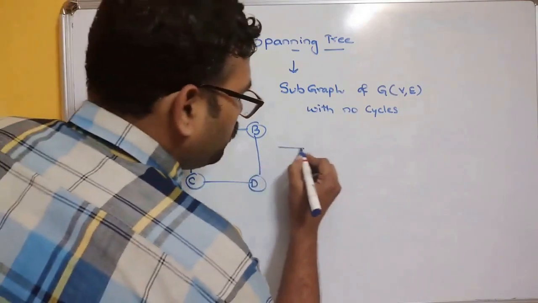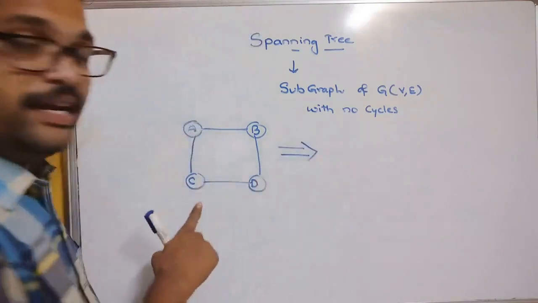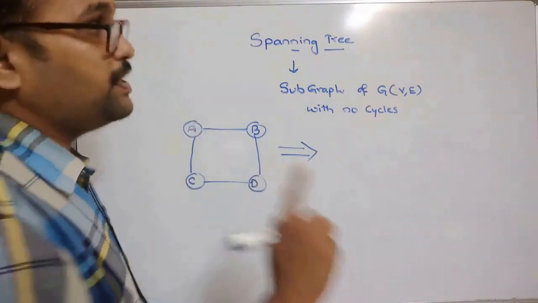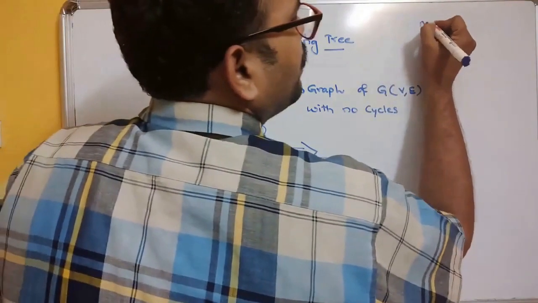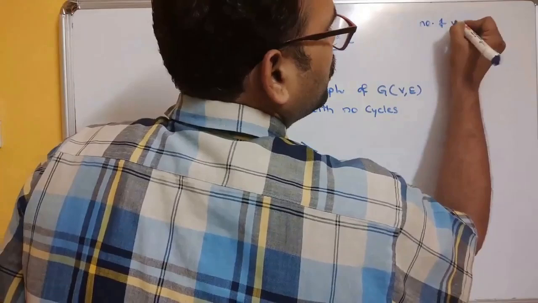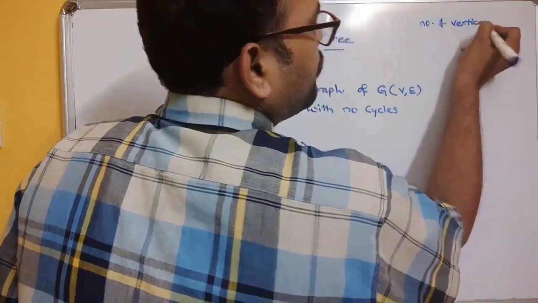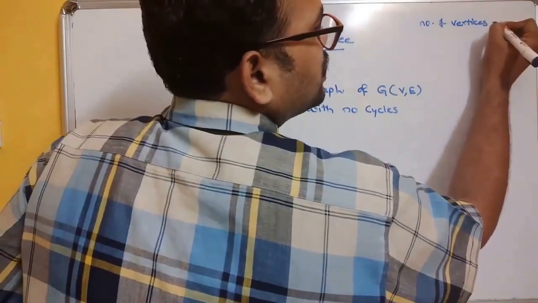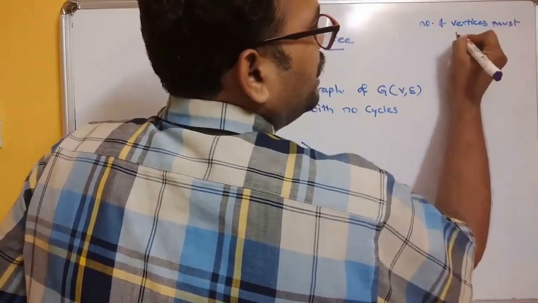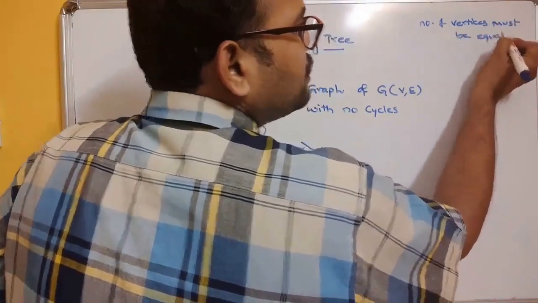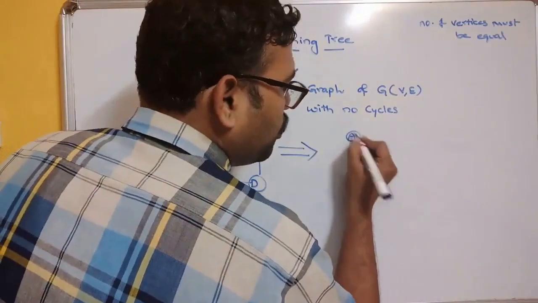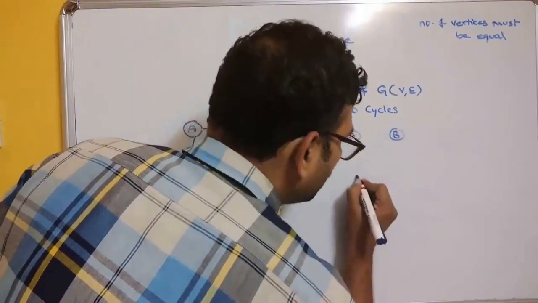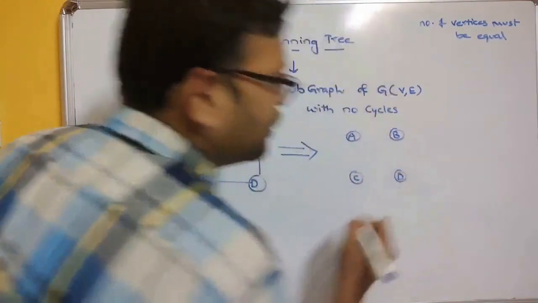So now we should construct the spanning tree. What is the first rule? The number of vertices must be equal in both the graph and the spanning tree. So we have to connect all the vertices. I am writing all the vertices here.